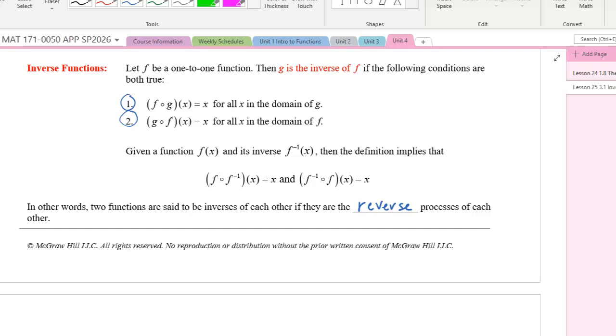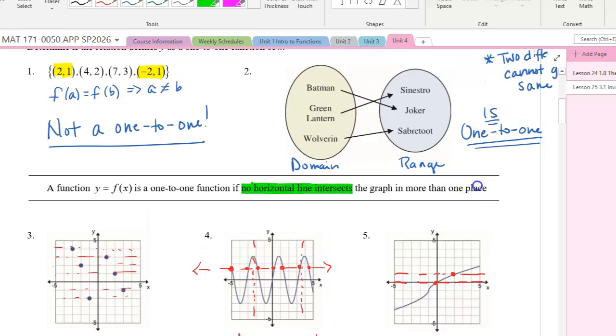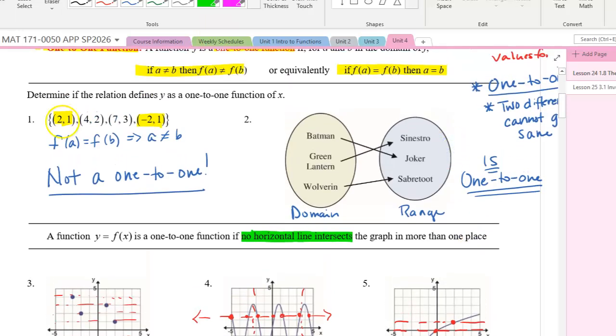And we have to have this one-to-one correspondence to be able to go back and forth. So if we had, for instance, 2 maps to 1, but these two 1s map to 2 different x's, there wouldn't be a reverse mapping in this situation.